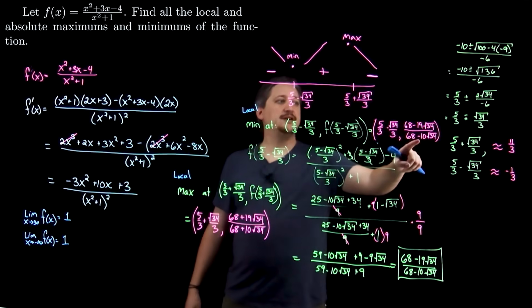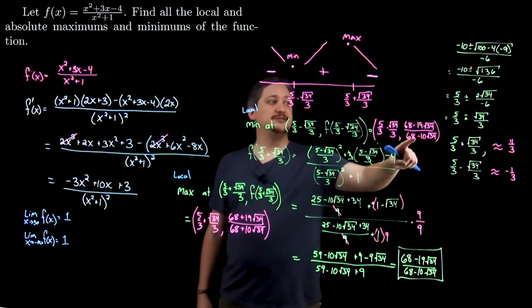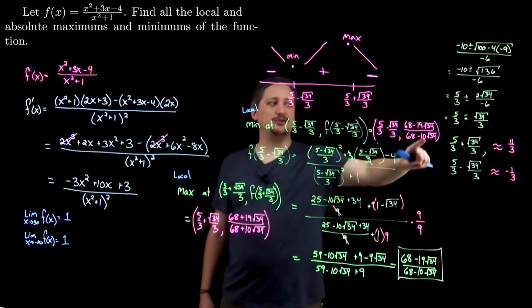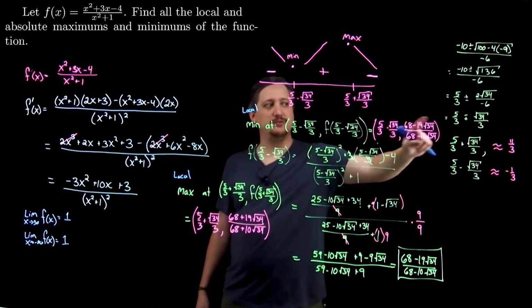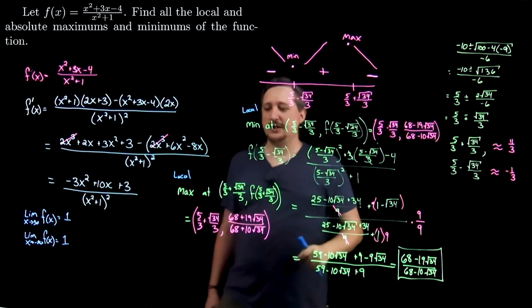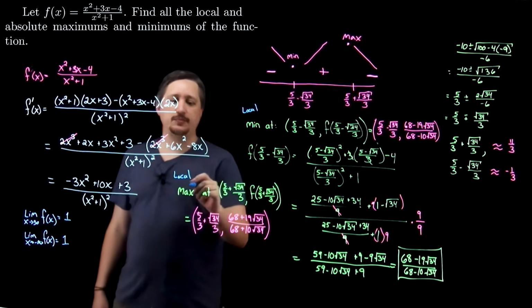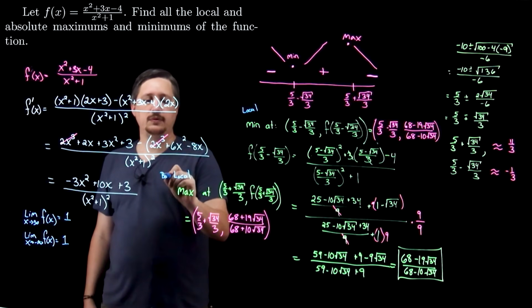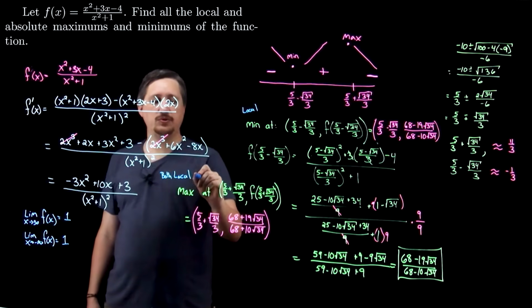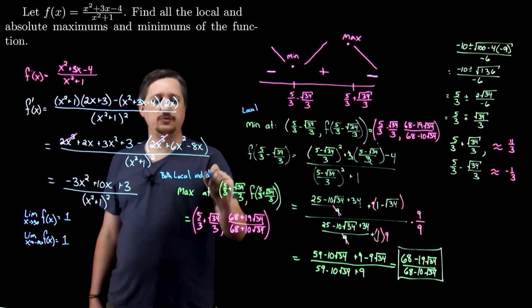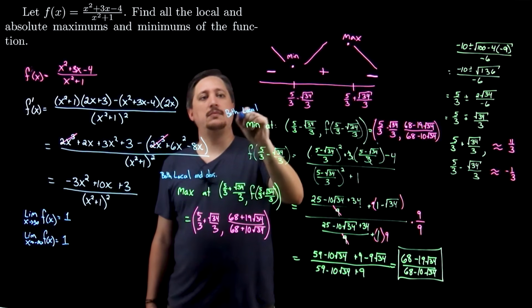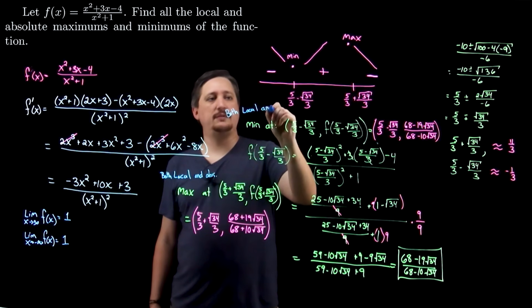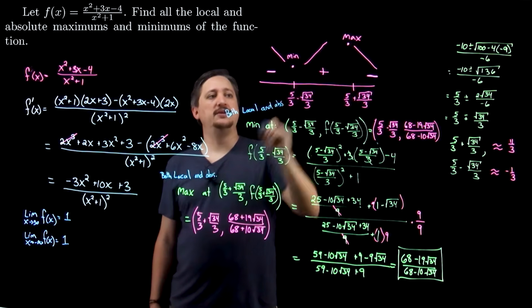And over here, this thing is subtracting a larger value on the top. So it's going to be smaller than 1 here because I'm losing more on the top than I am on the bottom. So what that tells me is that both of them are local and absolute mins and maxes.